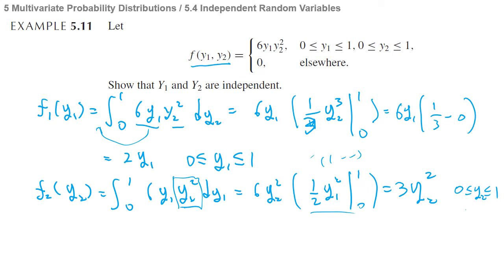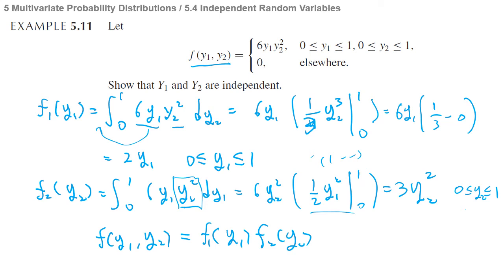Okay, so we derived the marginal density functions for y1 and y2, and what we can see is that f(y1, y2) equals f1(y1) times f2(y2). Is it true?